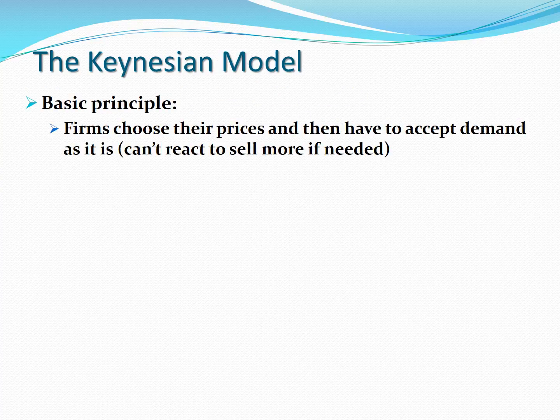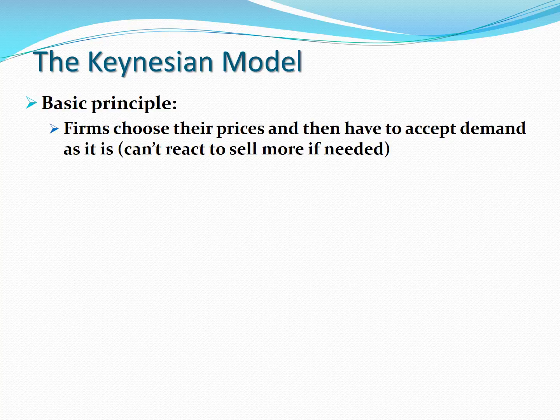So the model that we look at then, the Keynesian model, focuses on demand, and again, it's a short run, so businesses can't immediately cut their prices. So we can rephrase that idea as saying that firms choose their prices and then they accept the demand for what it is.